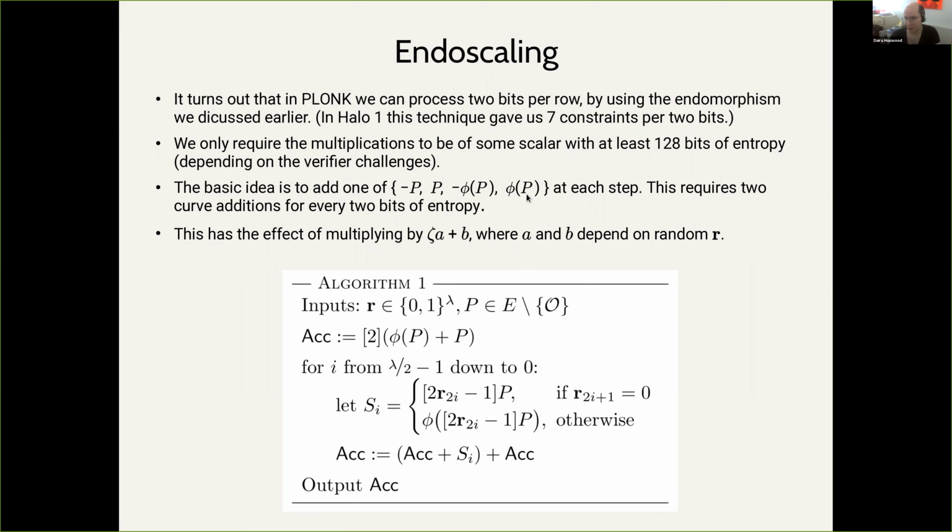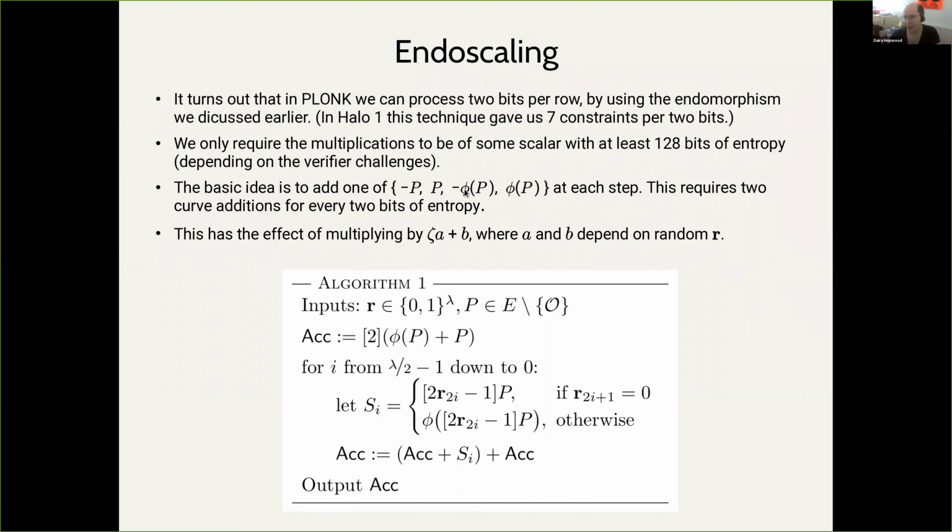And then we process 2 bits at a time, and we either subtract P, add P, subtract this endomorphism applied to P, or add the endomorphism applied to P. And so we're doing 2 curve additions for every 2 bits of our entropy. And the effect of this is to multiply.